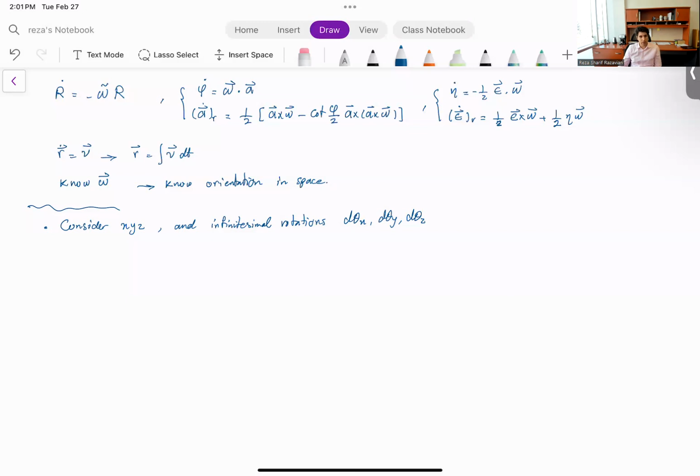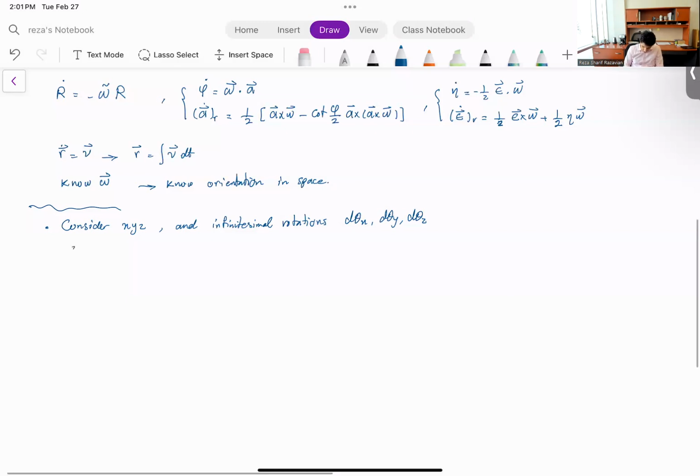And the easiest way to start is by looking at the rotation matrix. So if you remember, rotation matrices about these principal axes have sines and cosines. But noting that sine of d theta is almost equal to d theta, and cosine of some d theta, where theta is small, is approximately 1, you can write your rotation.